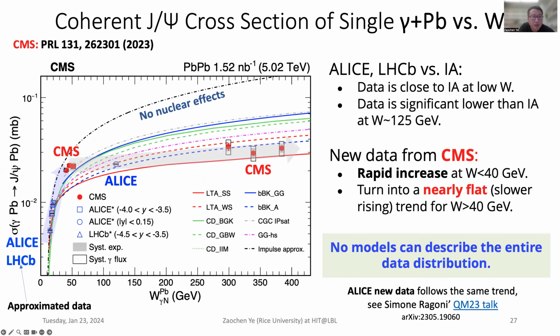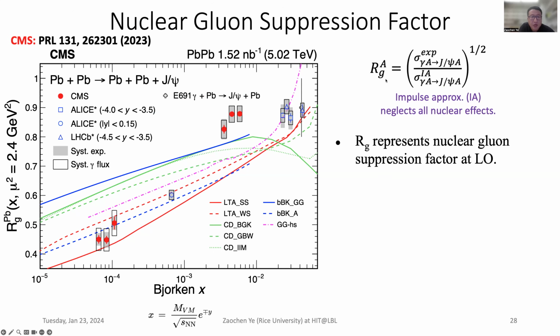So that means we take the ratio of our measured data to this curve and then take the square root, because the cross section is proportional to the square of the gluon density. So after taking the square root, this ratio can tell us the nuclear gluon suppression factor.